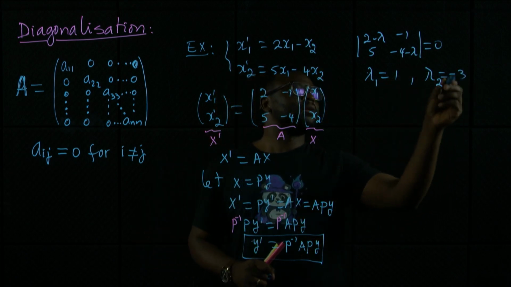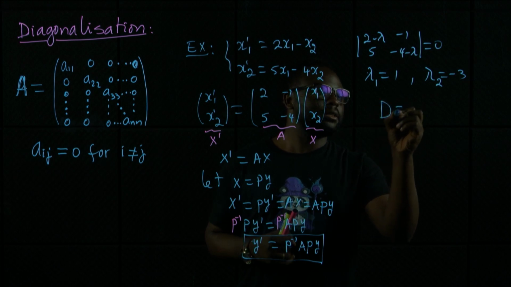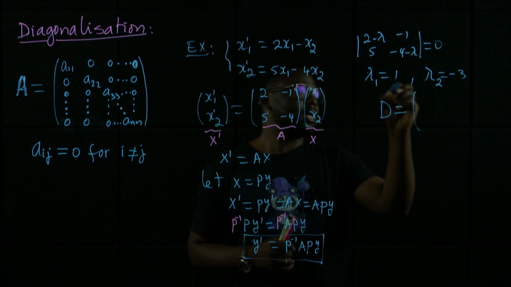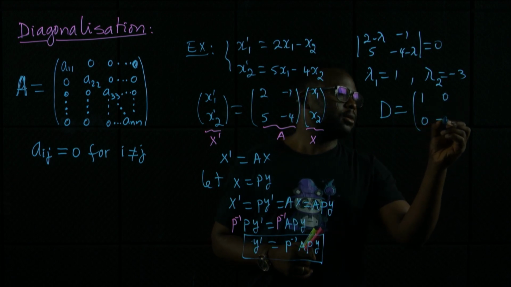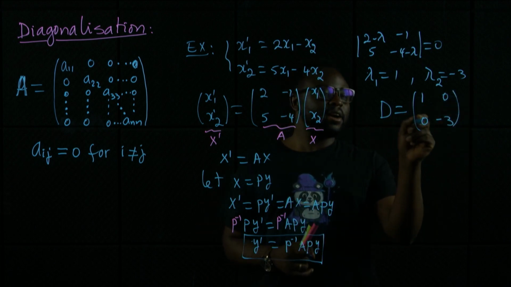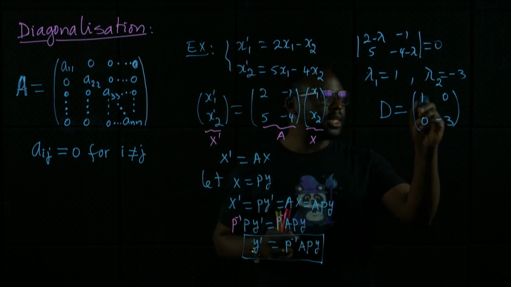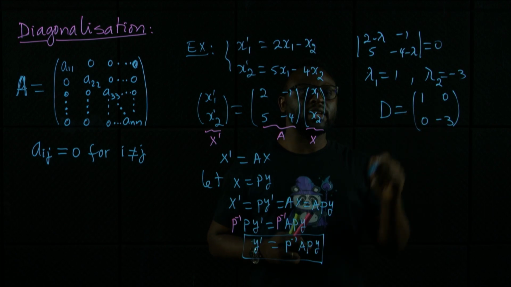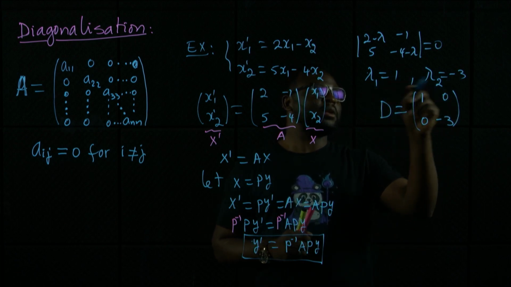From these eigenvalues, we can form what we call the diagonal matrix D, made of these eigenvalues: 1, 0, 0, minus 3. This is a diagonal matrix. As we defined a diagonal matrix earlier, you can see that this is exactly an example of one, right? So we just use the eigenvalues obtained from this.